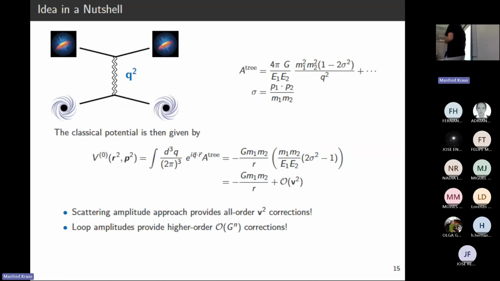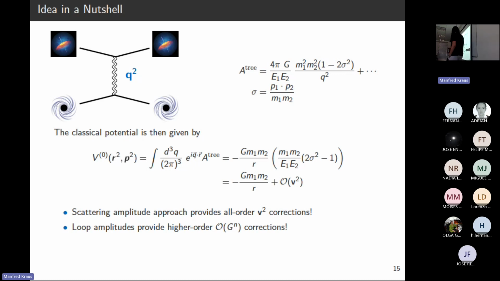So how does this work in practice? Let's say we have a heavy scalar, this is another heavy scalar, and they're exchanging gravitons. Now you can compute the Feynman diagram that corresponds to this, and you get something that looks like this, and you see, okay, here's 1 over q squared plus something that is less than 1 over q squared. So q was of the order of h bar, so this thing goes like 1 over h bar. This is the leading piece.